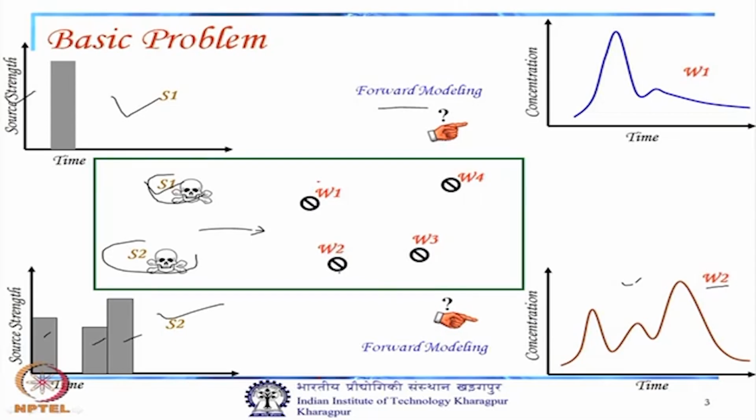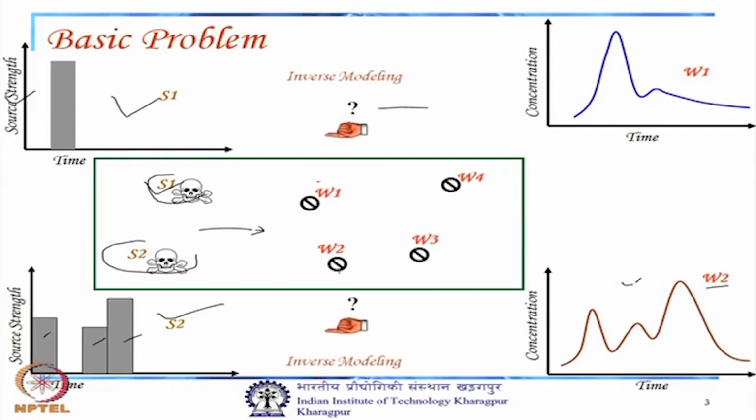So it may happen that the contamination is noticed 10 or 20 years after it has started in that area. So the problem is inverse modeling.